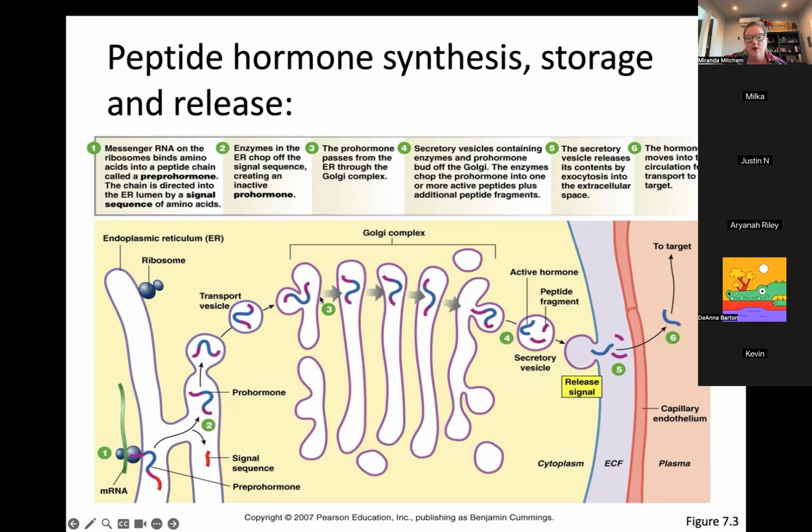And then what happens in the Golgi is we get some folding and changes as the prohormone moves through. But it isn't until we're in another vesicle, a secretory vesicle, that we get cleavage, allowing our active hormone to enter the bloodstream. And then it will move in the bloodstream and bind to its receptor.